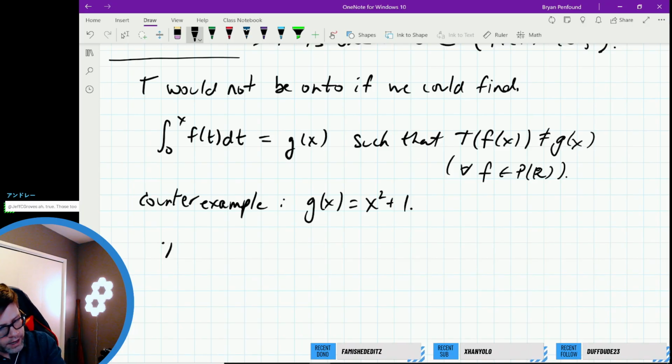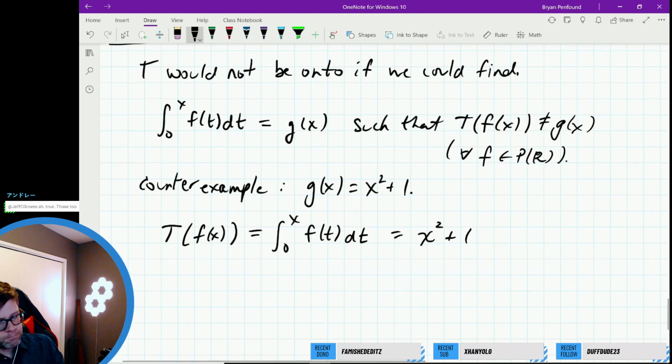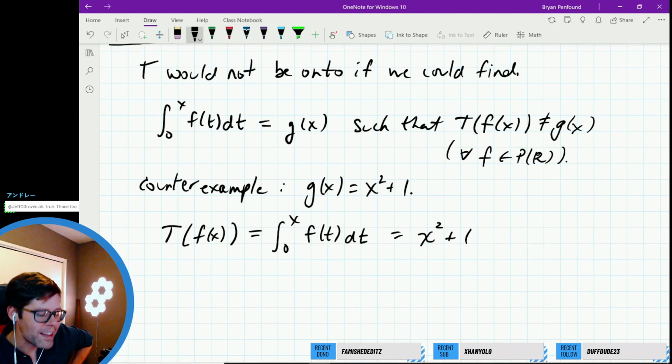So we need a T of f of x, which would be equal to this. And we want that to be equal to x squared plus 1. Oh, I understand. Yeah, I got you now. I think I see it, right?